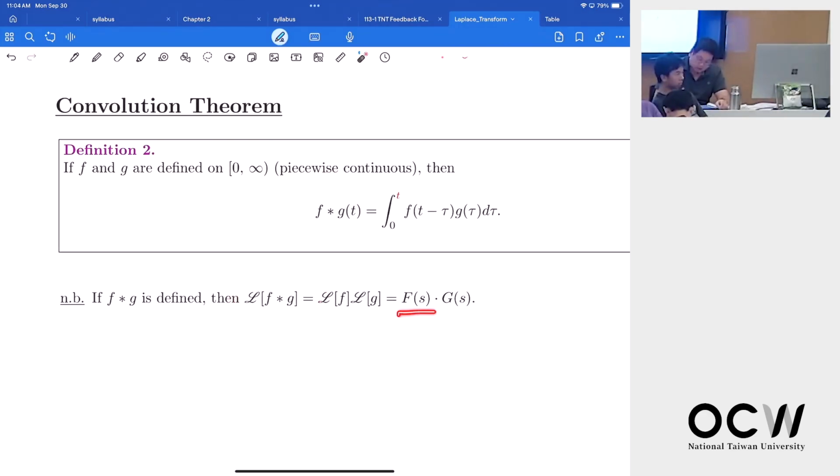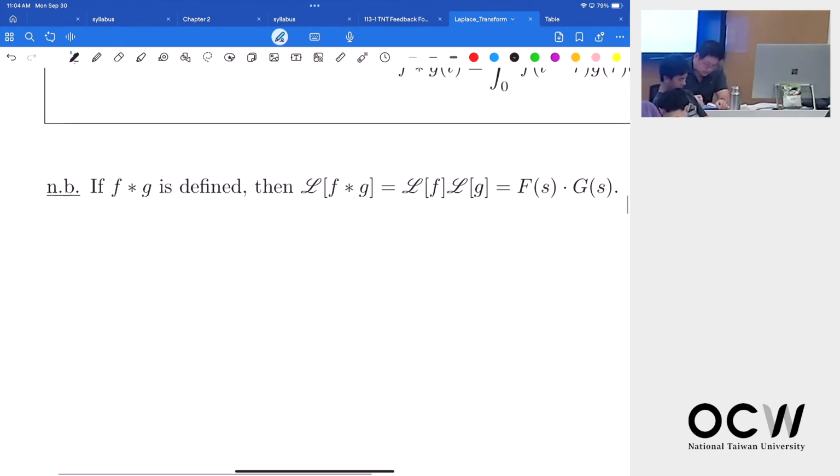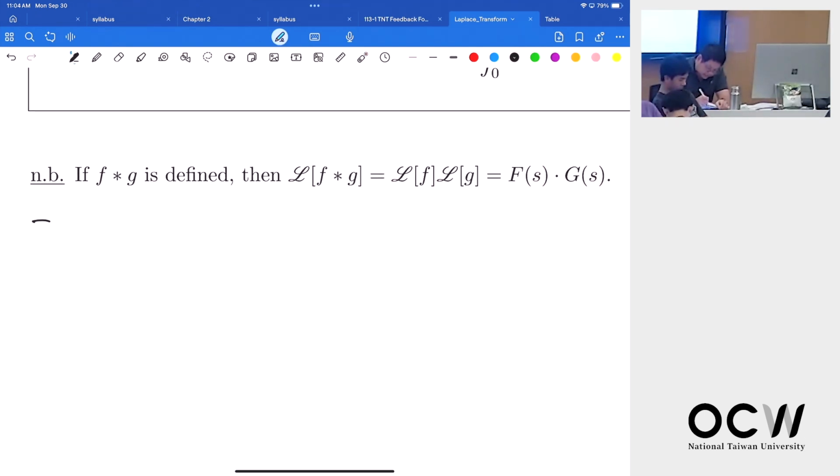So first, let's see this multiplication, F times G. What is the Laplace transform of f?